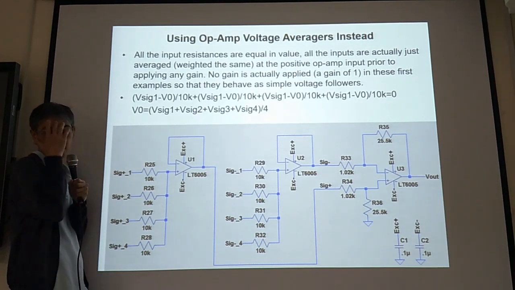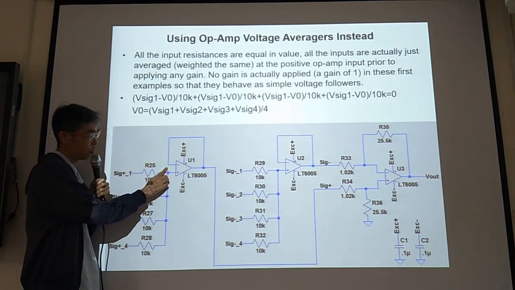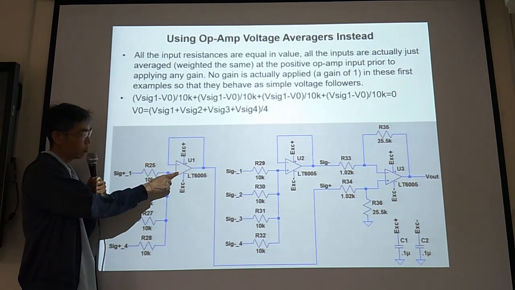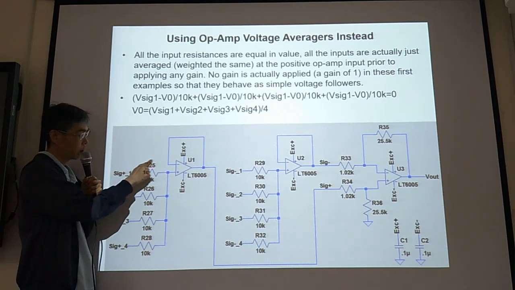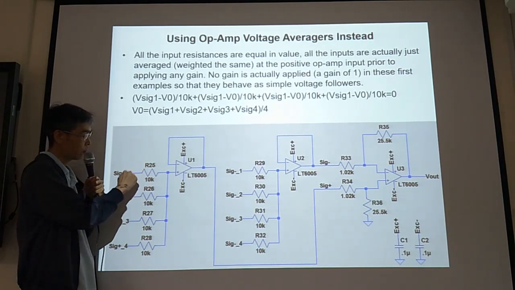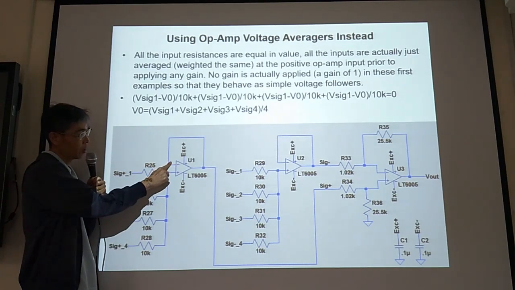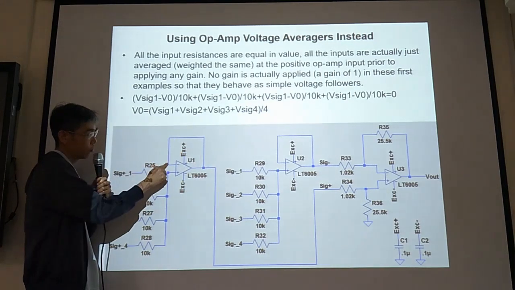Remember, voltage follower means this is V input, see V input here. Because there's no current here, the voltage here is the same as this voltage. So VI equals V plus, V plus equals V minus. And this one goes here, so V output equals V minus.